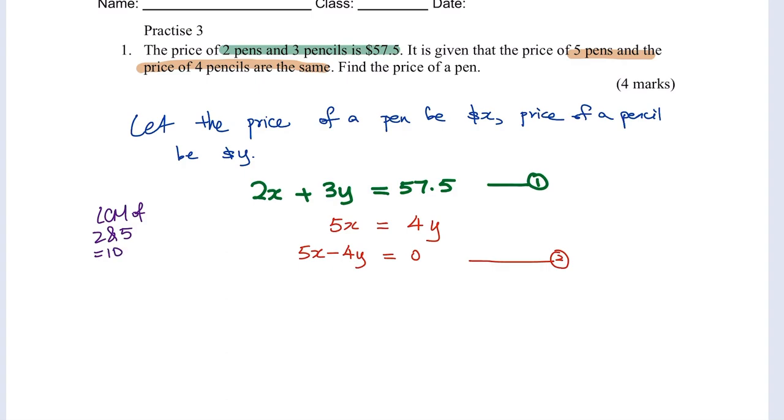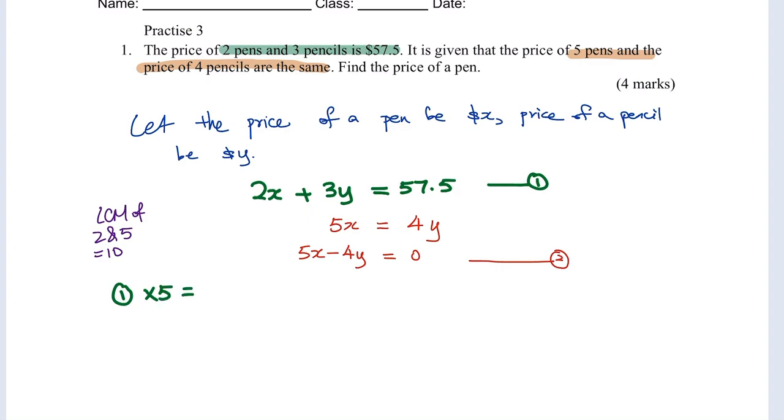Good. So how do I make this 2 as 10? That will be 2 times 5. Good. So 2 times 5 is 10. So what I do now is multiply the whole equation. The first equation times 5.